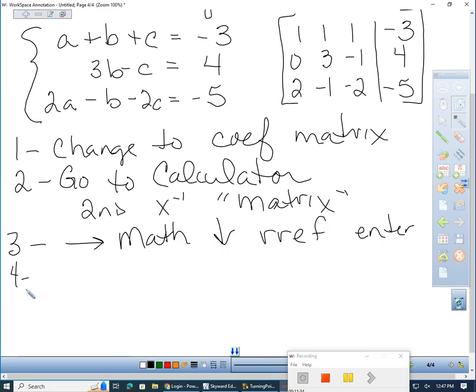Next, step 4. We're going to go alpha and F3. The green button. F3 is across the top, the middle one. Okay? You should have 2 columns that come up.